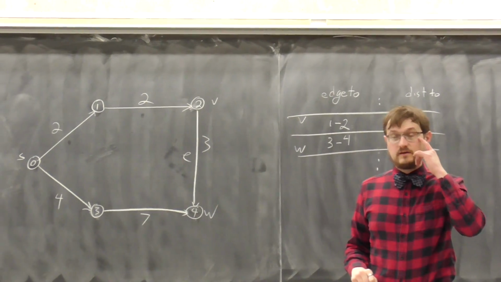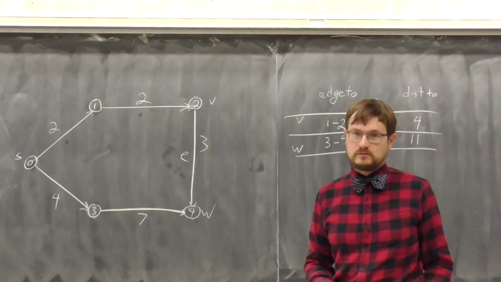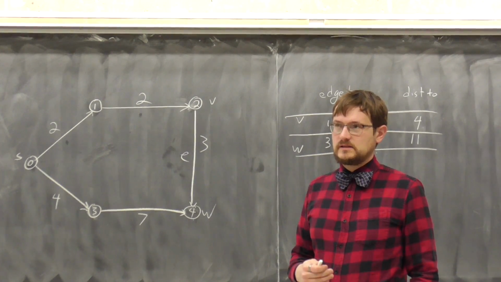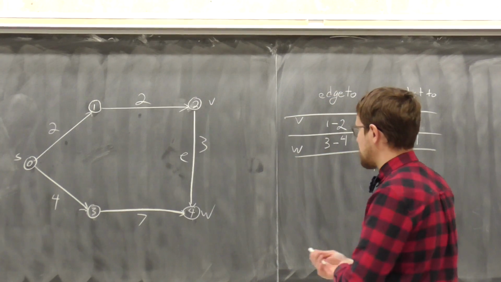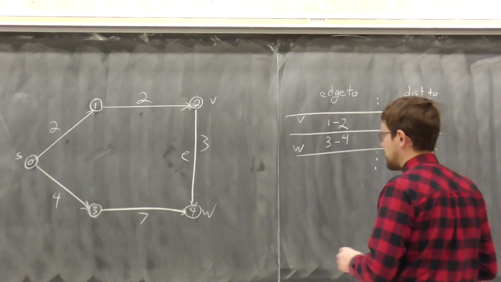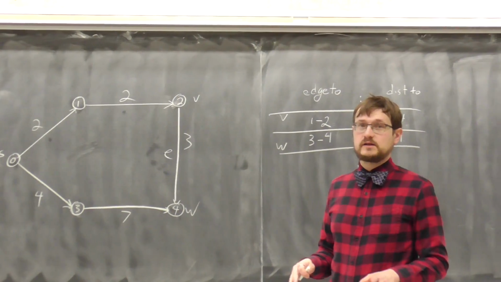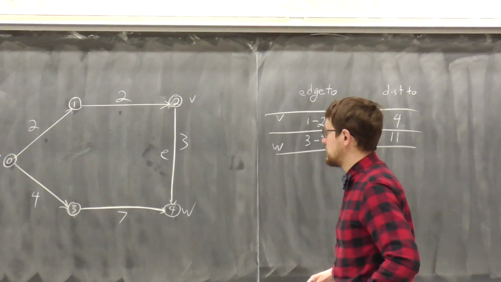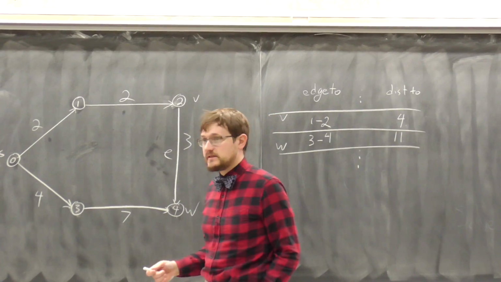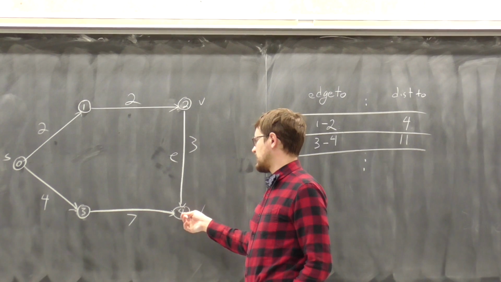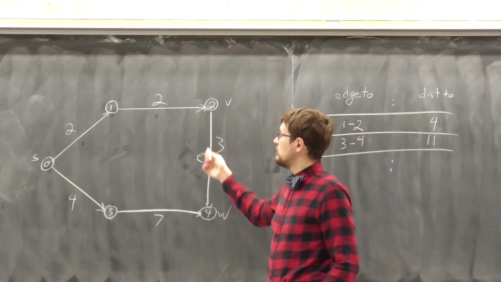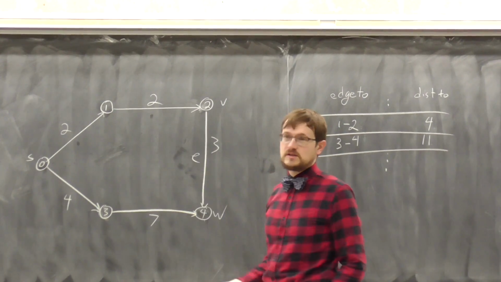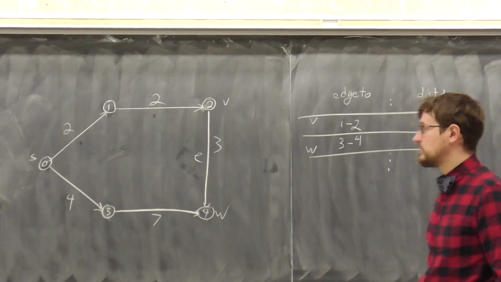Now, via edge relaxation, it's relatively straightforward, actually, if you break it down in terms of its basic operations. We want to calculate the new distance to W from V, including this new edge E, right?